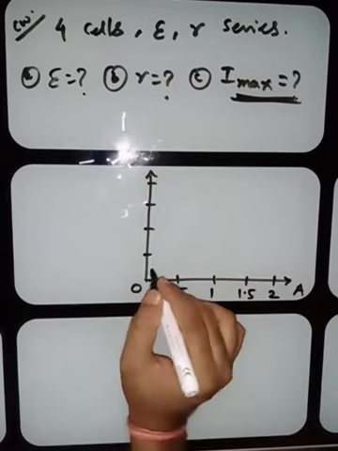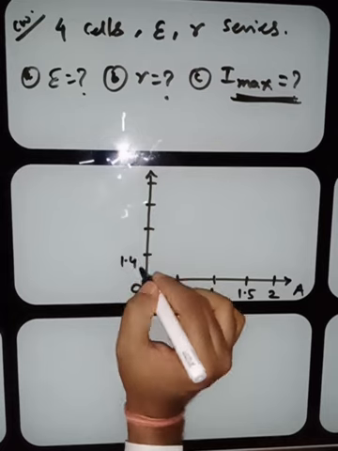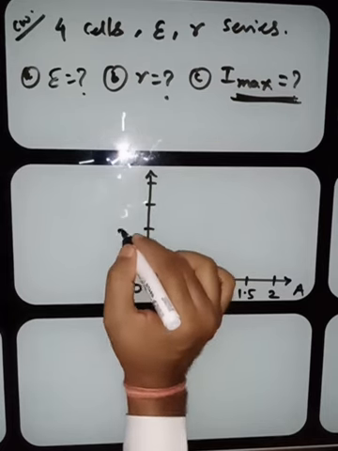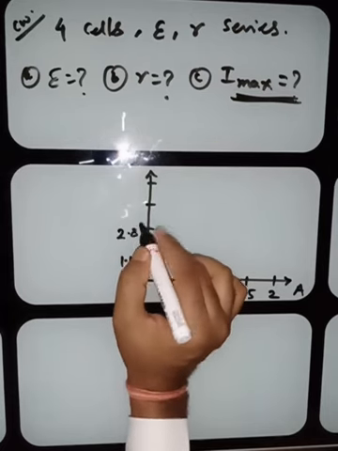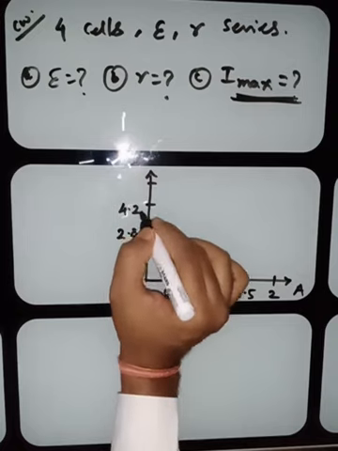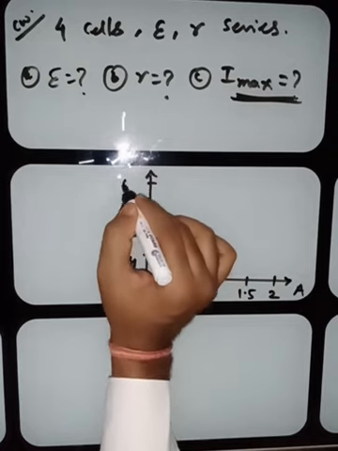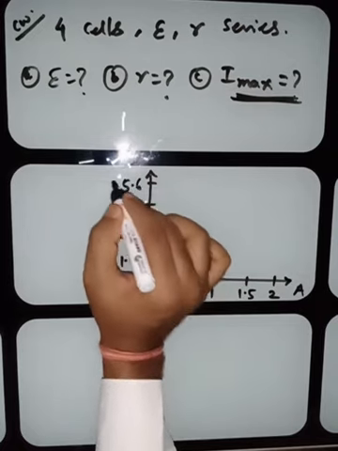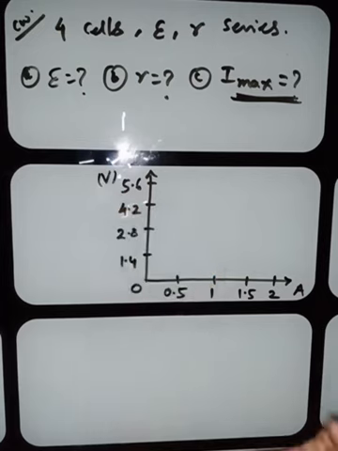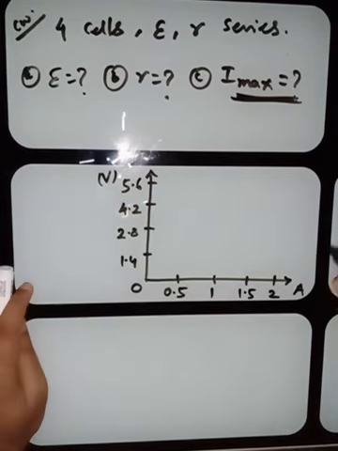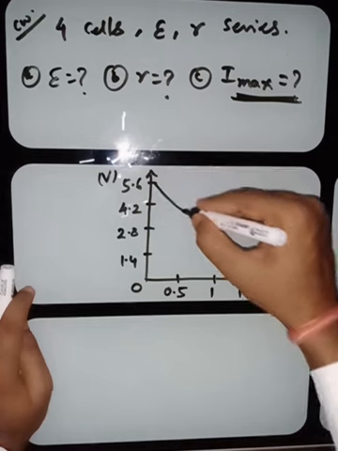The voltage values are 1.4, 2.8, 4.2 and 5.6, in volt. It is given, and the graph is like this one.